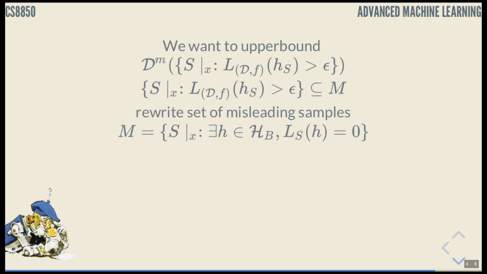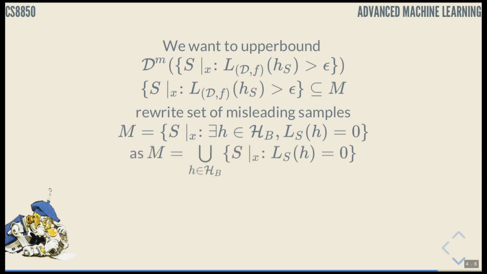So knowing that, we can rewrite the set of misleading samples as a set of all of the training tuples. Remember, Sx is just a training tuple of length m sampled from the data. And the set of misleading examples is as defined.